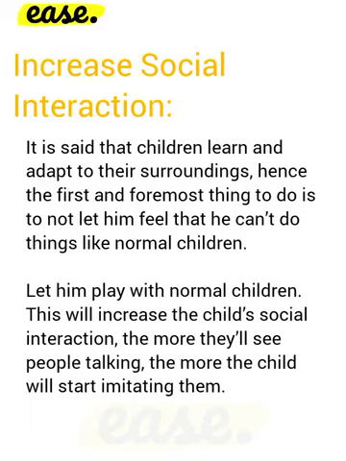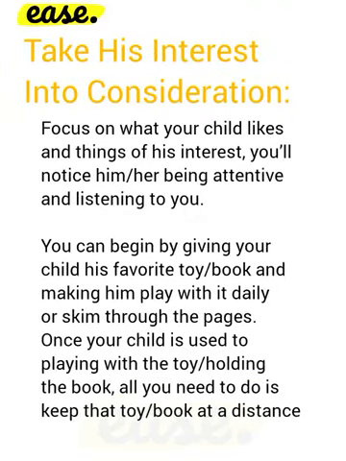The sixth strategy is consider your child's interests. It is important to focus on what your child likes and things of his interests. When you focus on things of your child's interests, you notice that your child becomes more attentive and listens to you more often. How can this be done? You can begin by giving your child his favorite toy or book, making your child play with it daily or read through the pages.